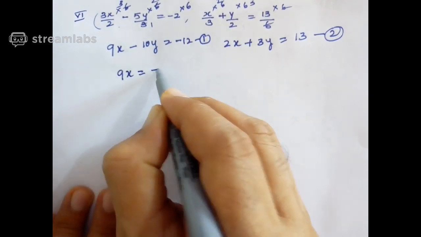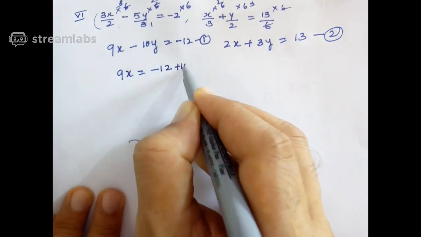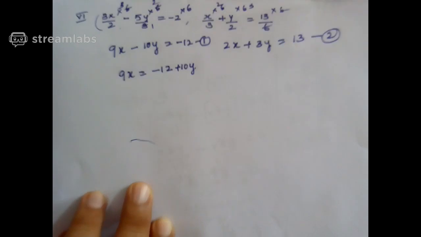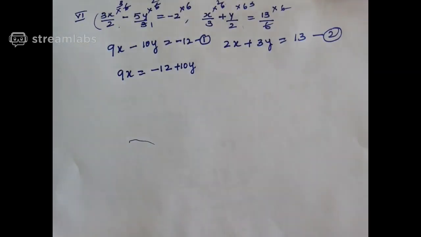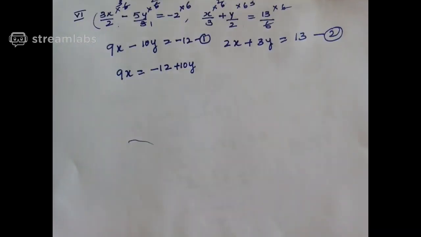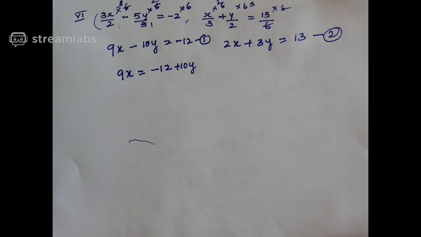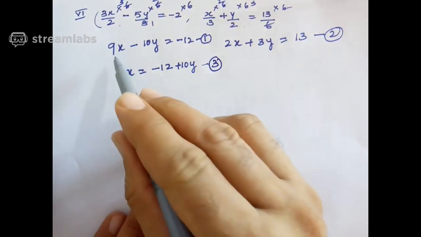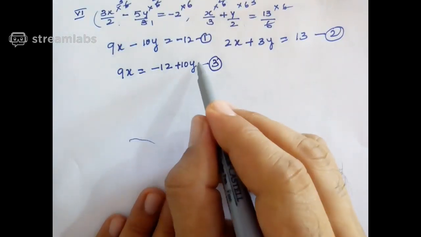Now as usual, here I can write what it is. 9x is equal to minus 12 plus 10y. This is equation number 3. 9x I have written here and 10y I brought this side.